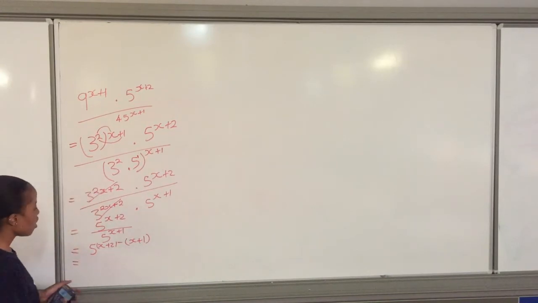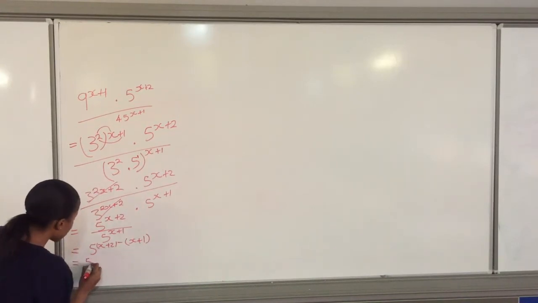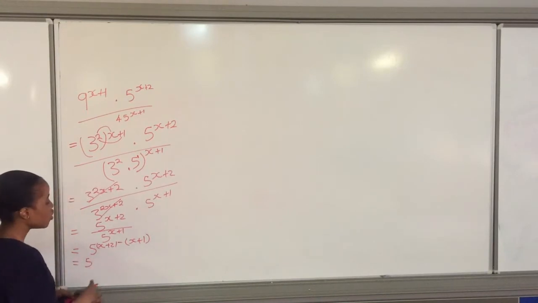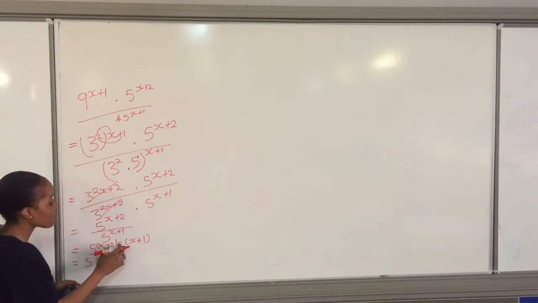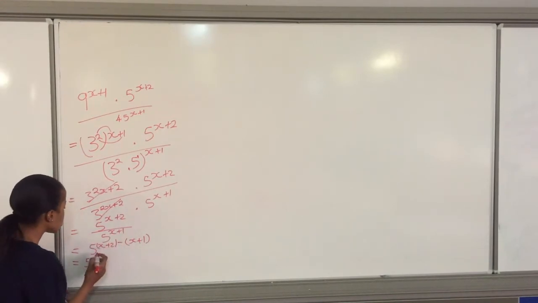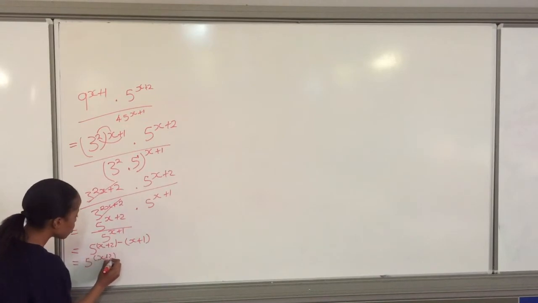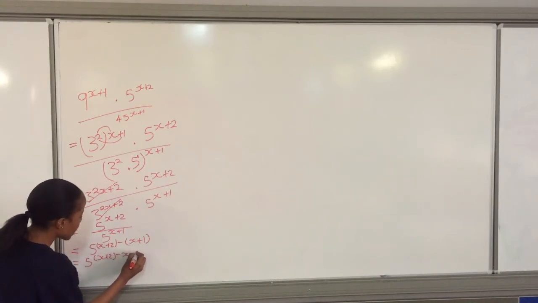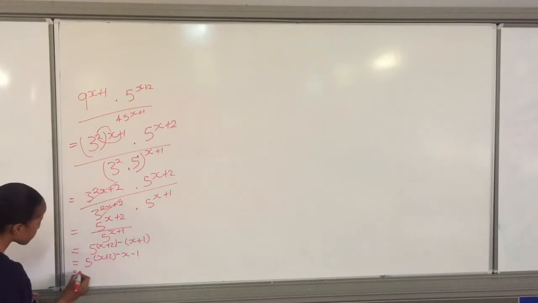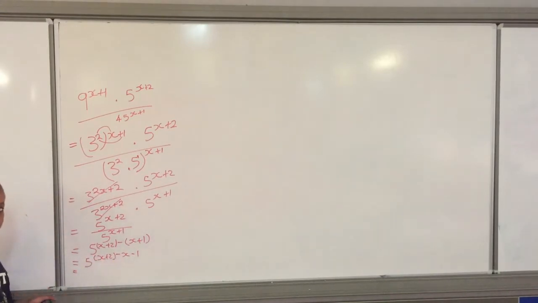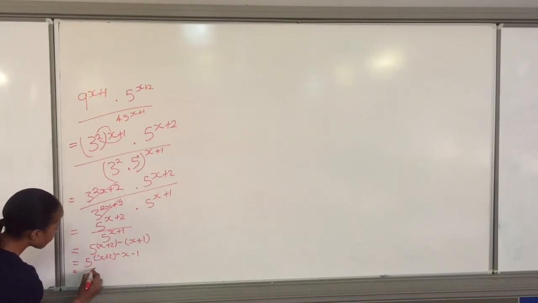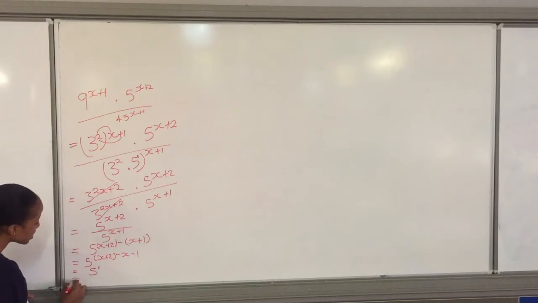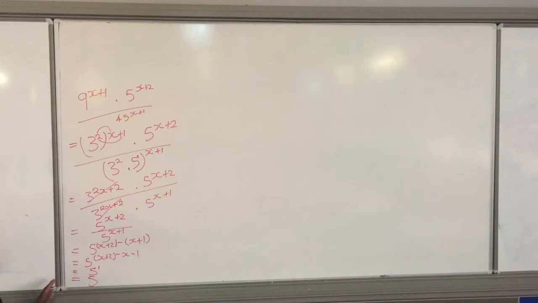This is an important sign whereby you have to multiply everything that is in the bracket with the minus. So we're gonna be left with x plus 2 minus x minus 1, whereby x minus x is 0, then 2 minus 1, you are left with what? You are left with 5 to the power 1, which is the same as 5. So we will be done here with this one.